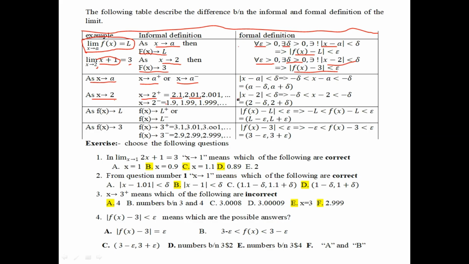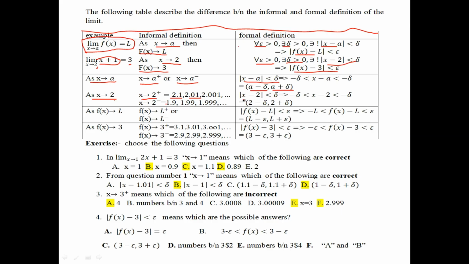But in the formal definition, the absolute value of x minus a less than delta means the interval a minus delta, comma, a plus delta.